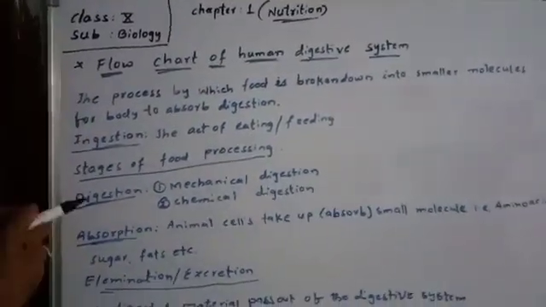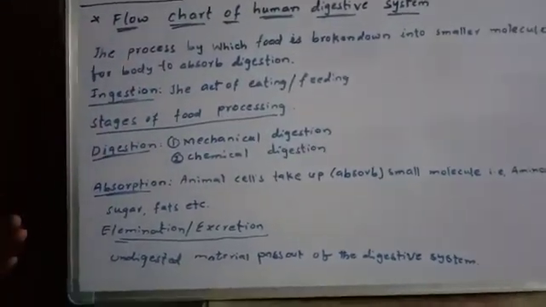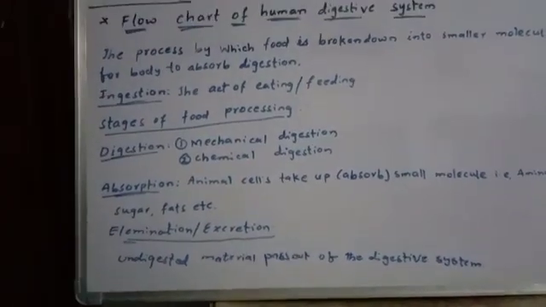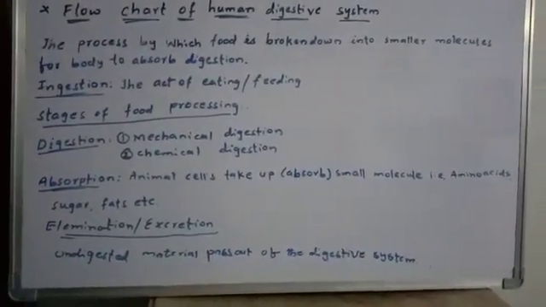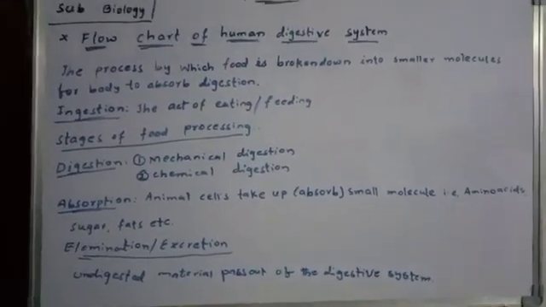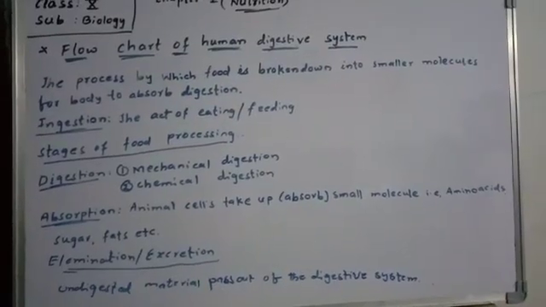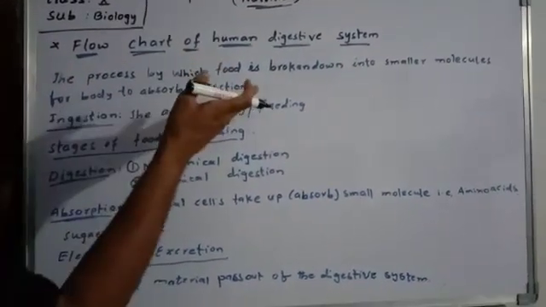You have already seen the flow chart of the human digestive system: food, mouth, buccal cavity, larynx and esophagus, stomach, duodenum, small intestine, large intestine, rectum and anus. That is the process by which food is broken down.